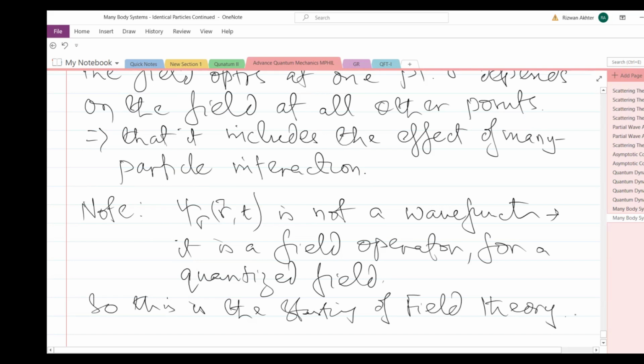So once you have identified that they are not wave functions, but they are basically operators and rather field operators, this becomes the starting point for the operator.